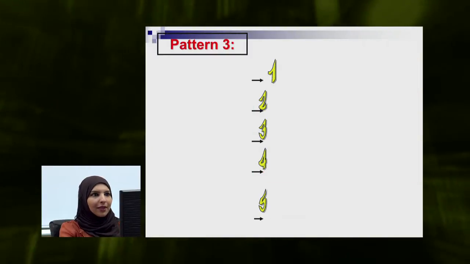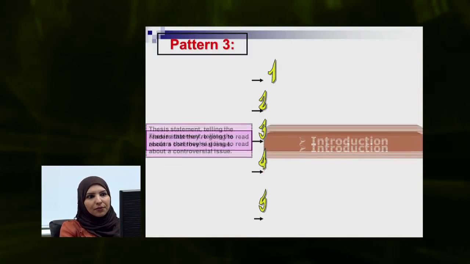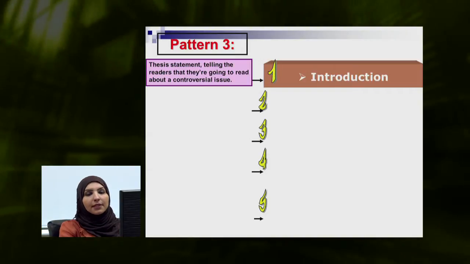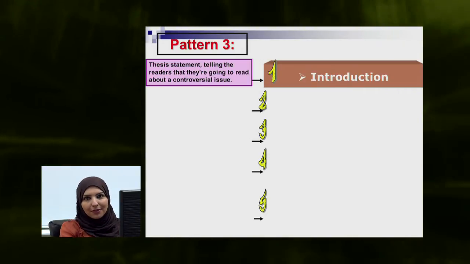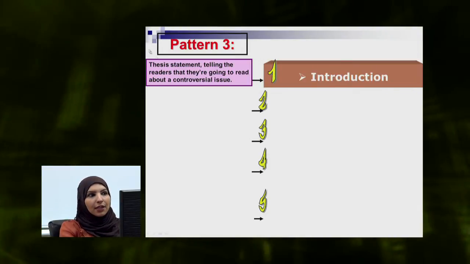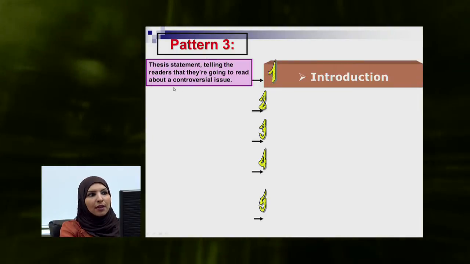Now, let's move to the third pattern. In the third pattern, you are going to start in the same way with an introduction. And inside the introduction, you are going to include your thesis statement, telling the readers that they are going to read about a controversial issue.